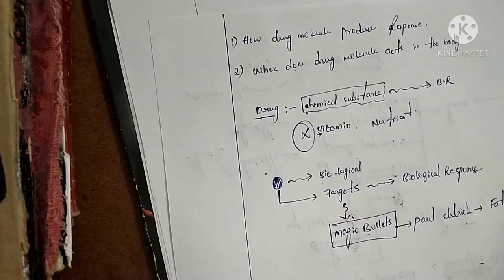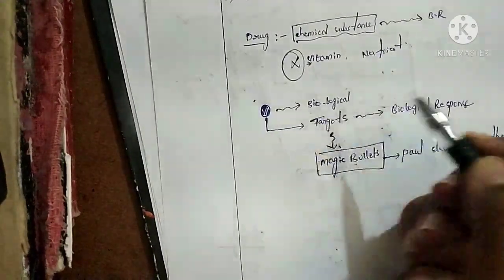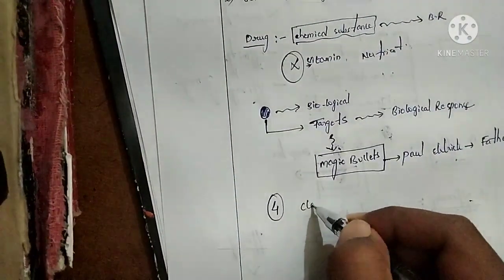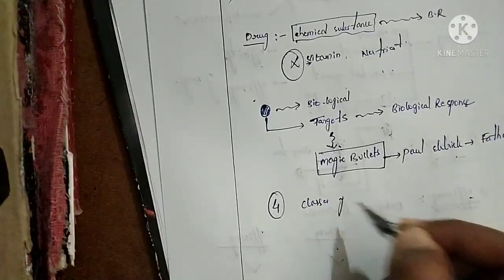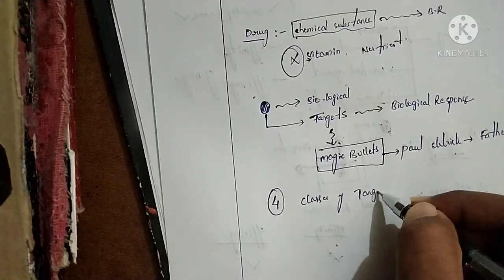Later on, studies found there are mainly four classes of targets for drug molecules.